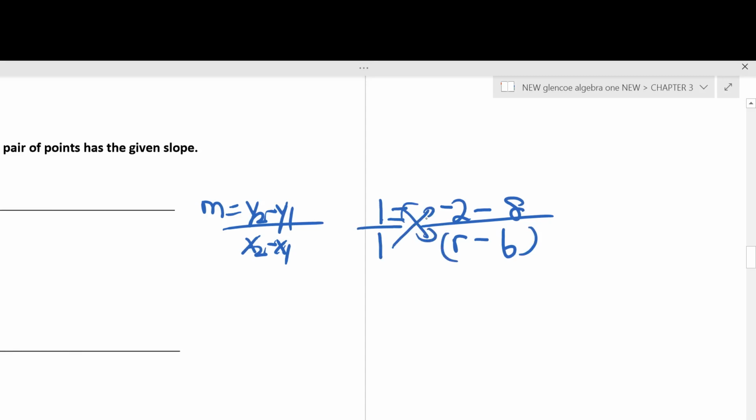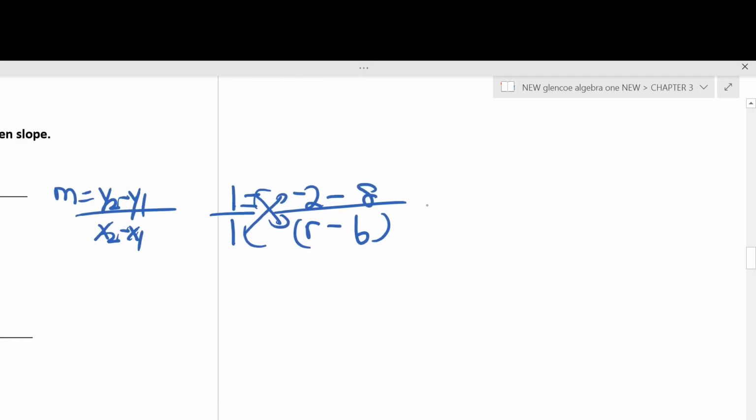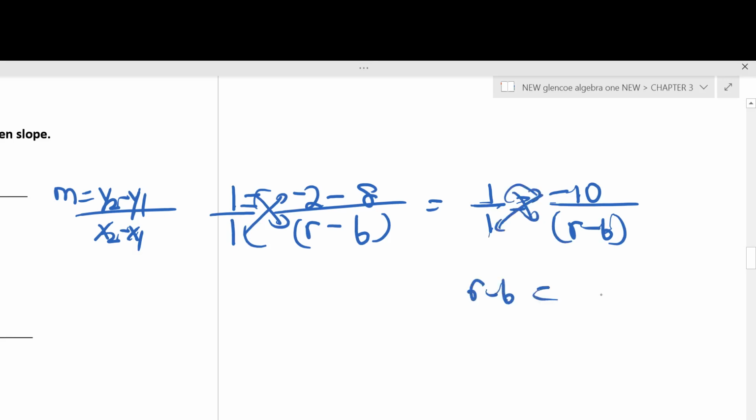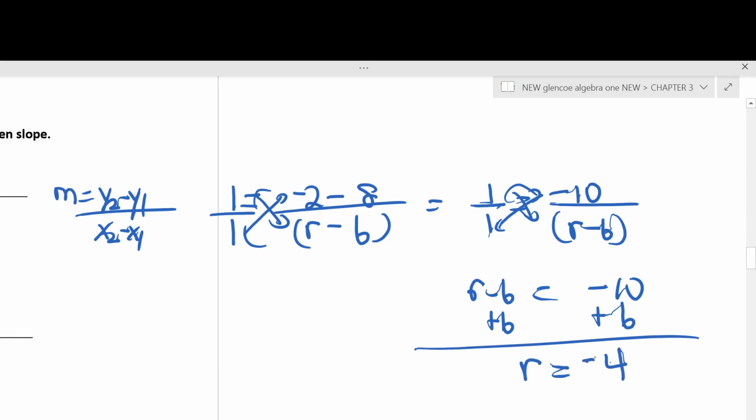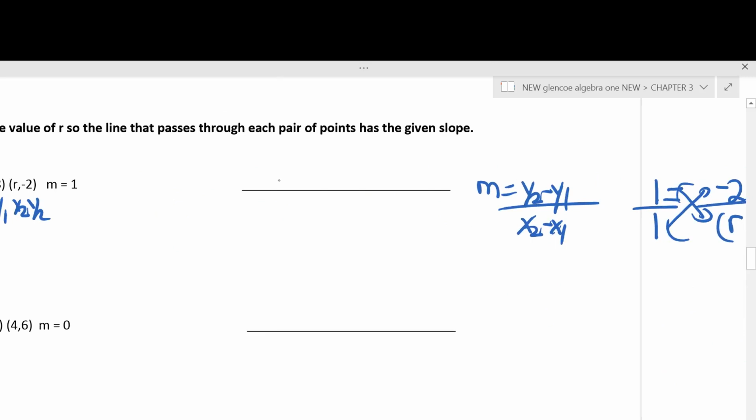We're going to cross multiply, and that gives me negative 10 over r minus 6, and we get r minus 6 equals negative 10. Add 6 to each side, and the missing coordinate there is negative 4.